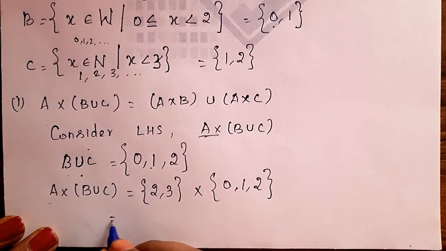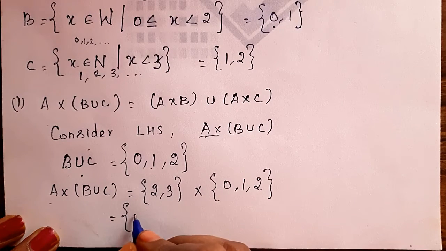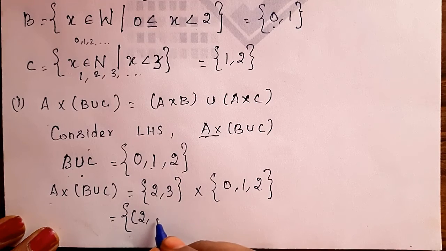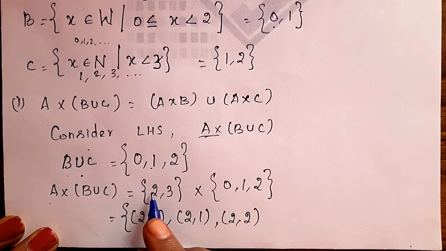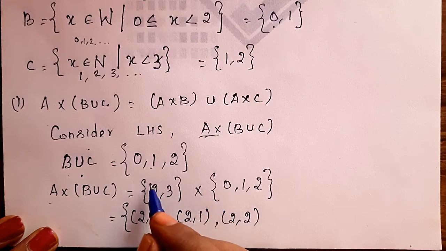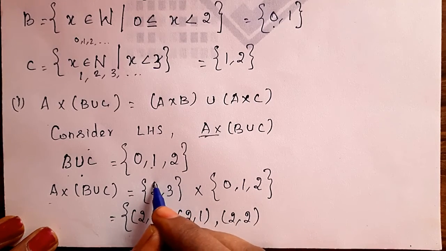So that is the set of all (2, 0), (2, 1), (2, 2). So we connected every element from this set to the first element.